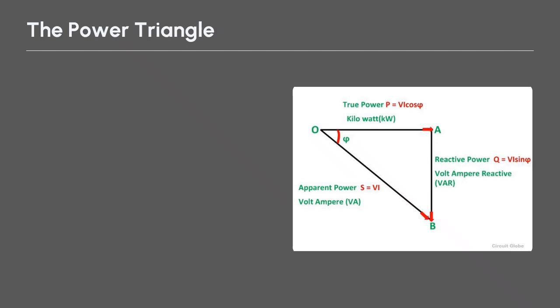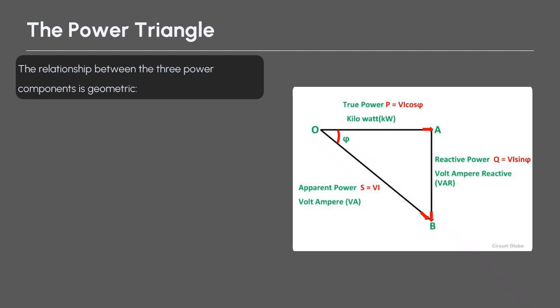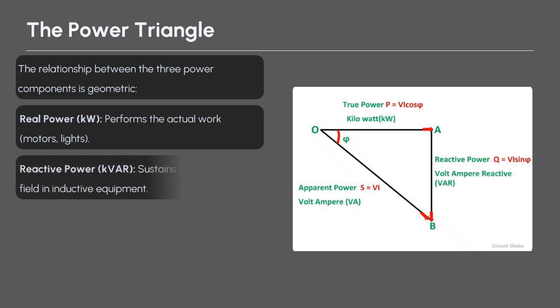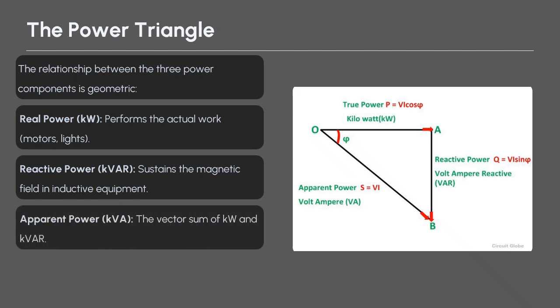The power triangle. This concept is summarized by the power triangle, which shows the geometric relationship between these three components. Real power, kW, and reactive power, kVAR, form the legs of a right triangle, and apparent power, kVA, is the hypotenuse.